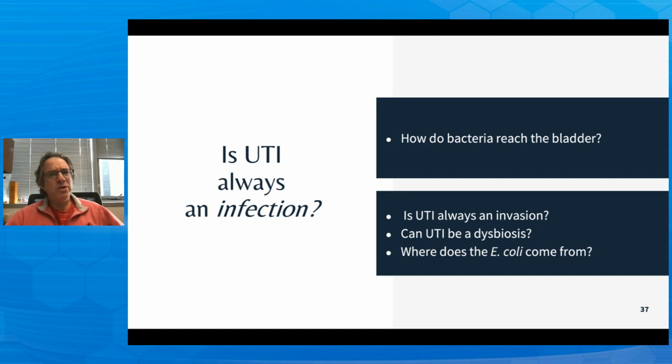But I want to propose to you a little bit of a problem, because most of the bacteria that we detect in the bladder are not motile. They have no propulsive devices. They don't crawl. They don't swim. I spent a good chunk of my early career studying bacterial motility, and I know what a propulsive device looks like, and I know what the genes that encode those propulsive devices look like.